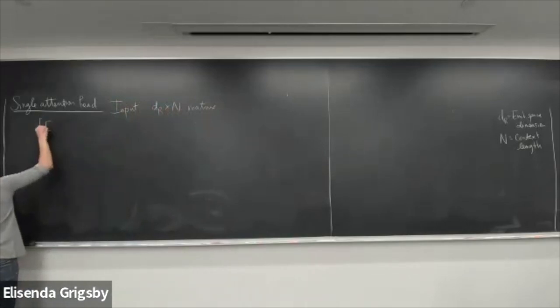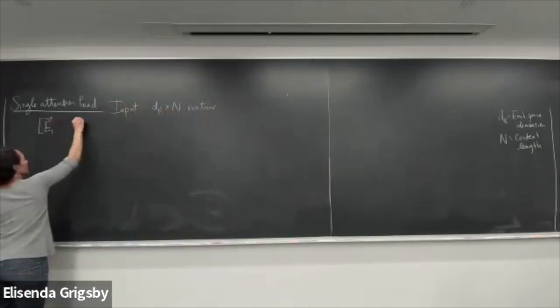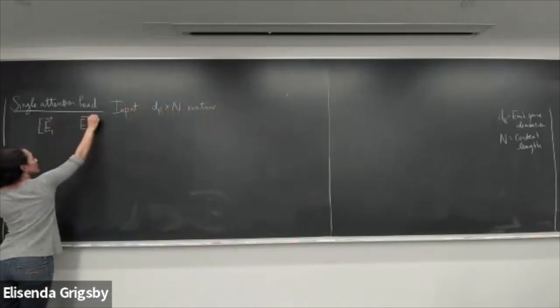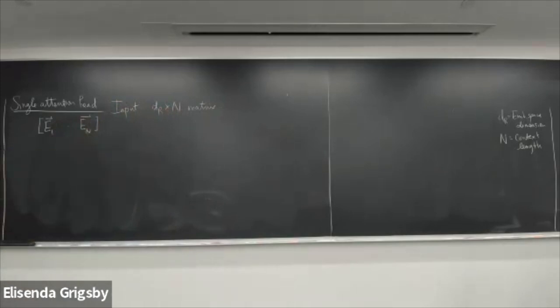I'll label the columns E1 through En. These are the images of the embedded tokens, at the very beginning of your transformer, after you've done your embedding.